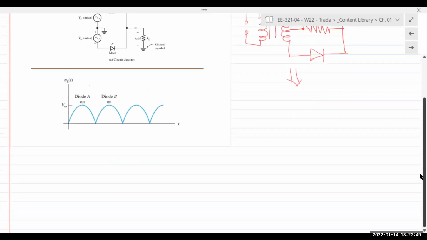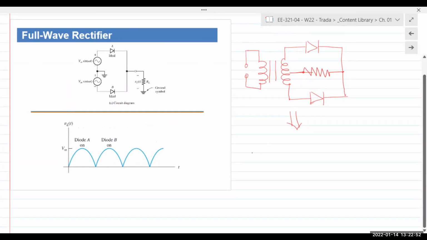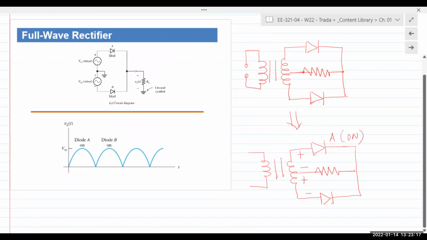So in the positive half cycle, you would have something like this. Center tap, positive half cycle, the polarity of the voltage would be like this. What happens? Diode A is on. Diode B has the negative voltage connected to its anode, and so B is off.